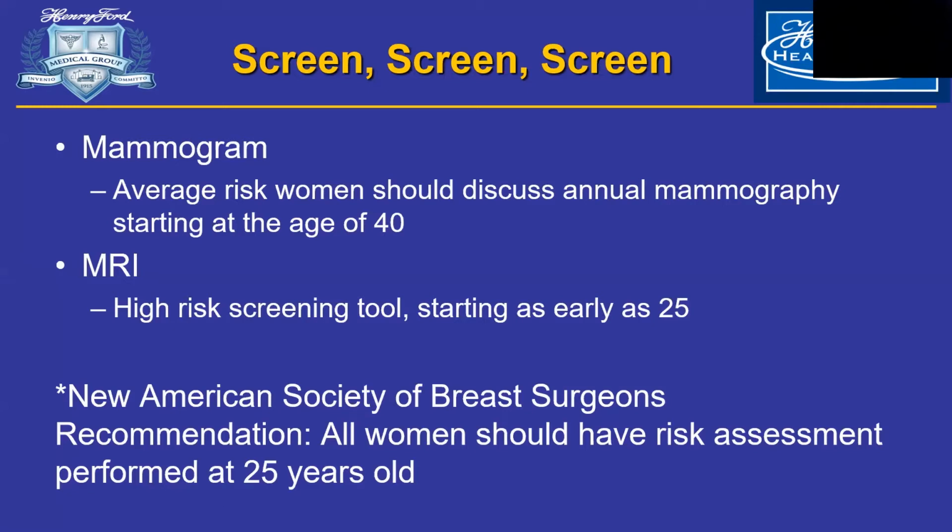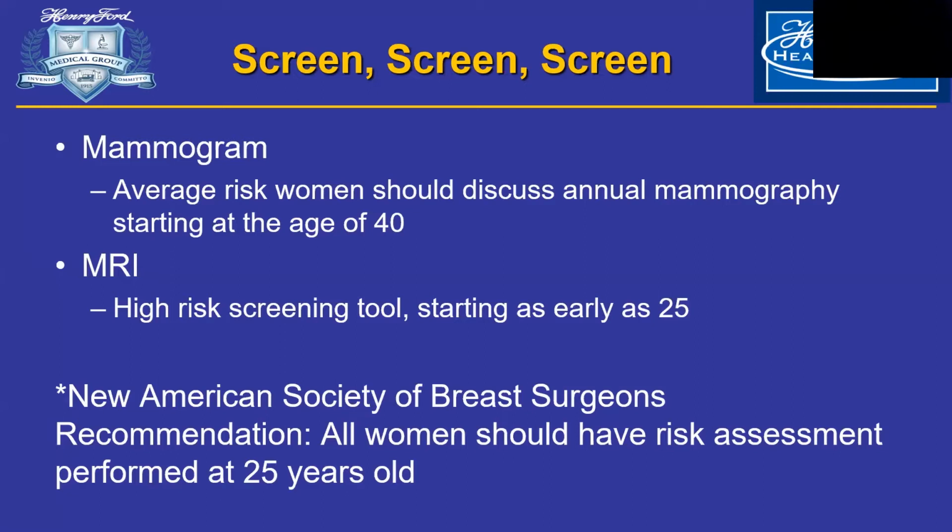Any of those women have the option of MRI in addition to mammogram. And if we know, you can start the MRI as early as 25. Mammogram we don't recommend before 30 because of breast density. The breasts are so dense prior to that mammogram really doesn't show us much.